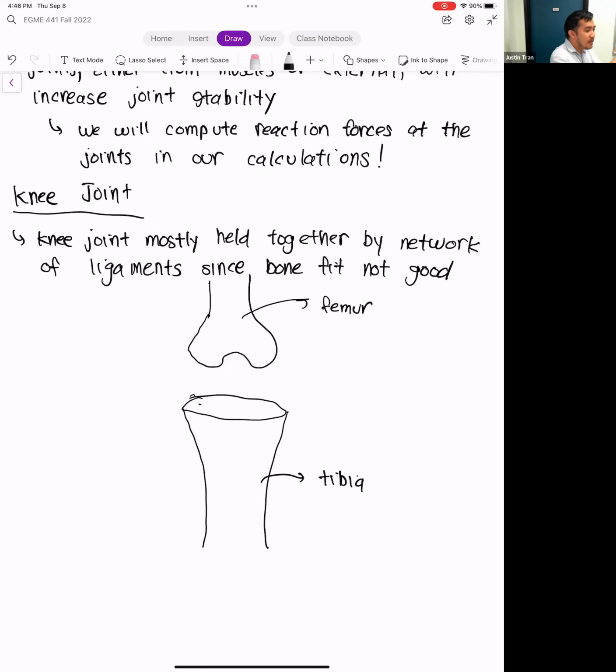So we have two ligaments on the outside, just like this. We're going to assume you're looking at this person straight on, and we're looking at their right leg. On one side we have the LCL, which I'll define in a second.